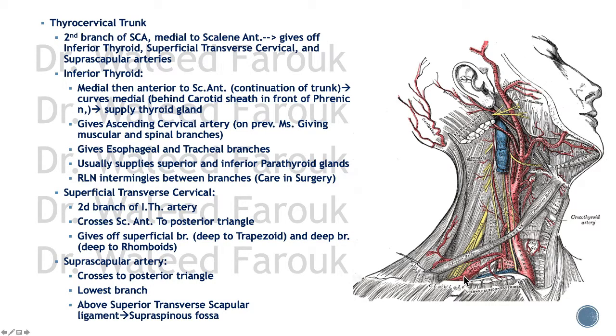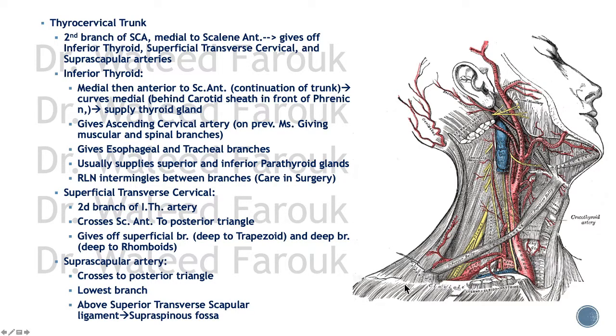Now, the suprascapular artery will go back. It crosses the scalene anterior, so it becomes part of the posterior triangle. That's why we mentioned it in the posterior triangle. It arose in the anterior triangle, crossed the scalene anterior and became part of the posterior triangle.